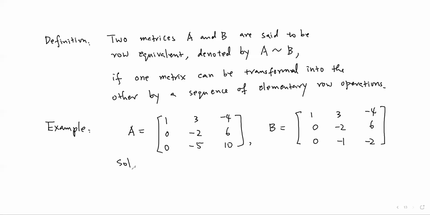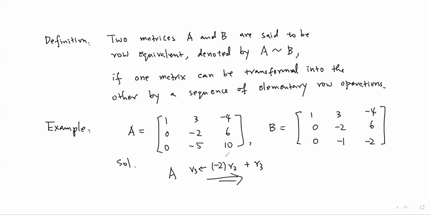And why? Because I can perform this operation on the matrix A. I let -2 times row 2 plus row 3. -2 times row 2, then add it to row 3, and put the result in row 3.